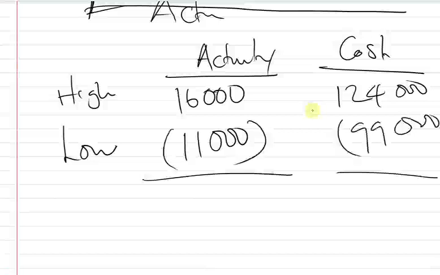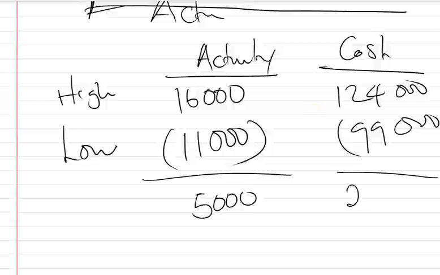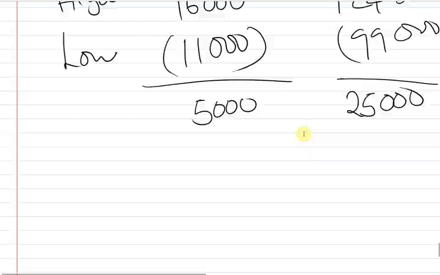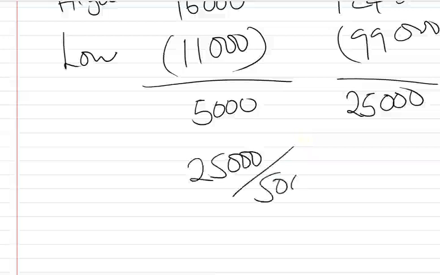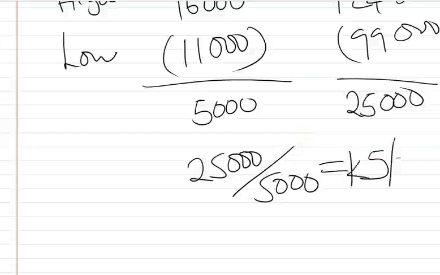When you subtract here, it should give you 5,000. If you subtract here, it should give you 25,000. When you find the difference, you divide the cost, 25,000, over 5,000. So you find 5. This is 5 kwacha per unit. So per unit, it will be costing 5 kwacha. This is the variable element.